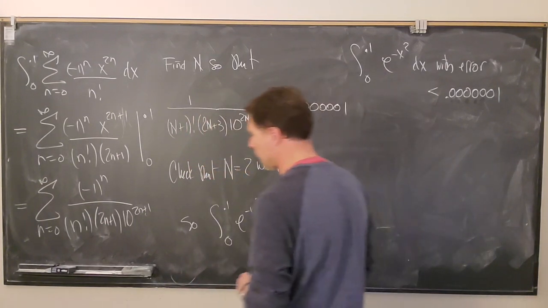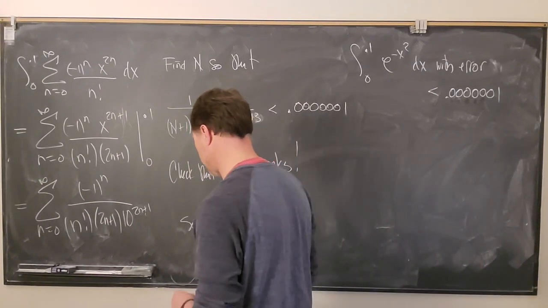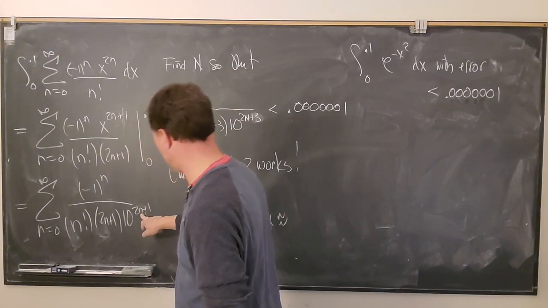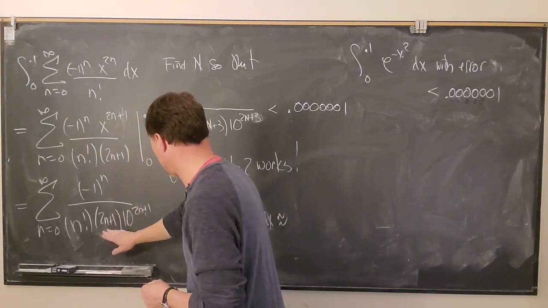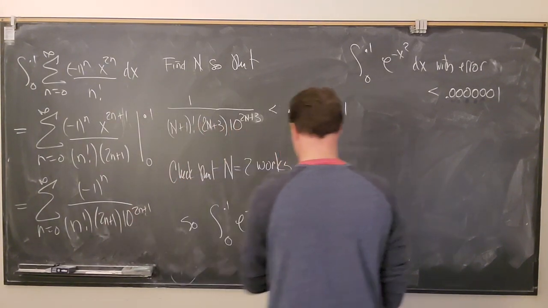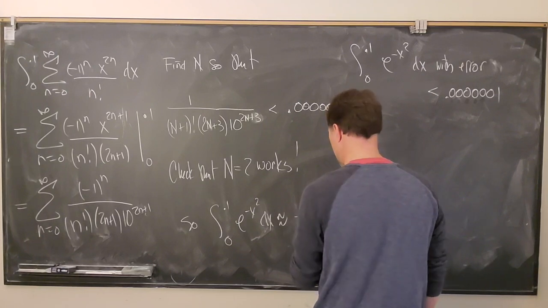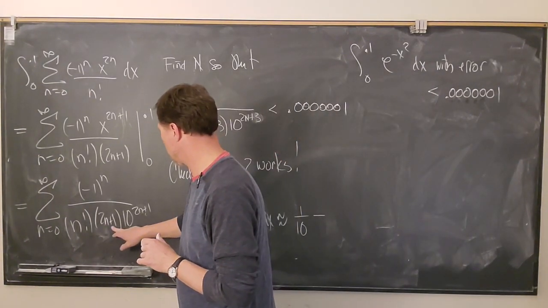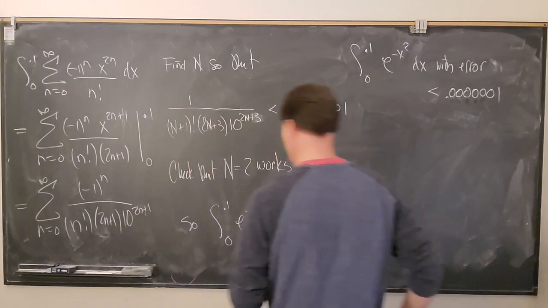So that would be, let's see, when n equals 1, what does that give me? When n equals 0, I get, there's a 1 there, there's a 1 there, so it's just 1/10. When n equals 1, I get 3 there, 10 cubed. Is that right?